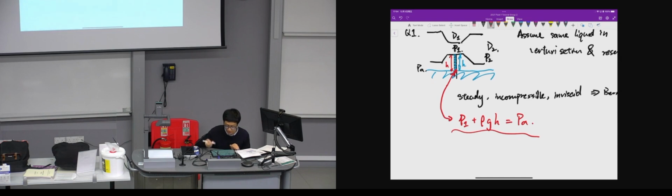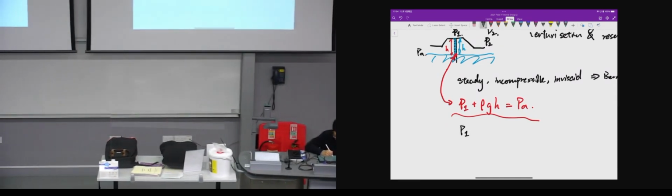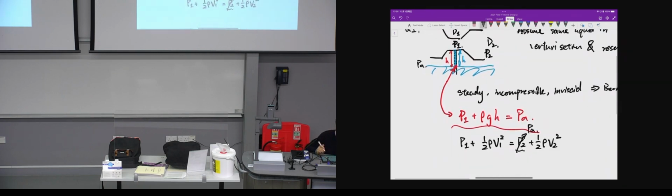And then we apply the Bernoulli equation for this Venturi tube, since we do not need to consider the gravity effect. So P1 plus half rho V1 squared equals P2 plus half rho V2 squared. We know P2 is PA, and what we want to know is the outlet velocity.